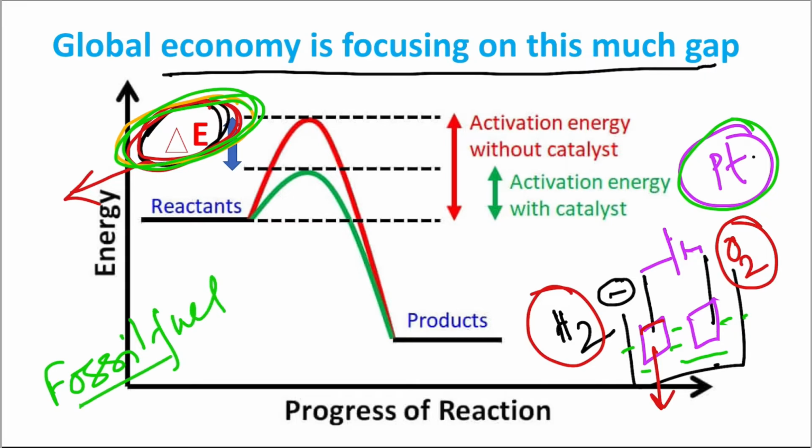Till now, the majority of our energy, more specifically electricity, comes from fossil fuel. So that's why we need to reduce the energy requirement of a chemical transformation, and that is possible by choosing the proper catalyst. Not only that, we can save our planet using catalyst also. So this is the importance.